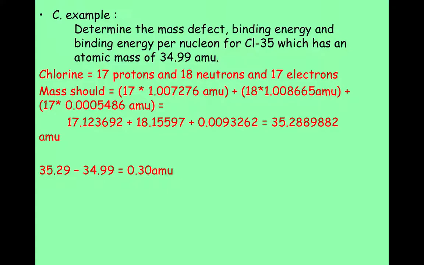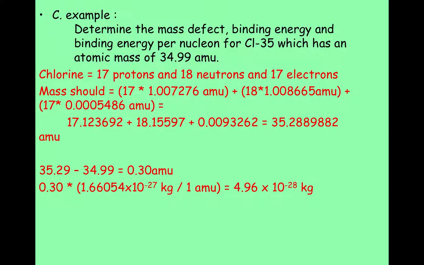Now, we want to start thinking about binding energy, but in order to do that, we have to convert from AMU here to kilograms. The conversion is that 1 atomic mass unit equals 1.66054 times 10 to the negative 27th kilograms.